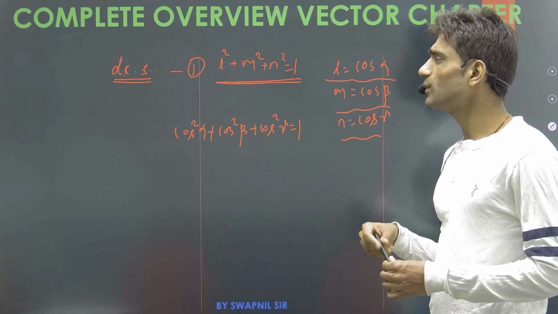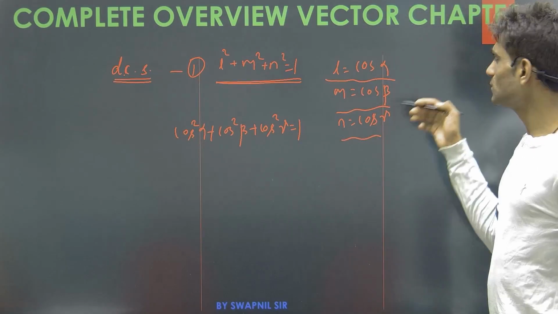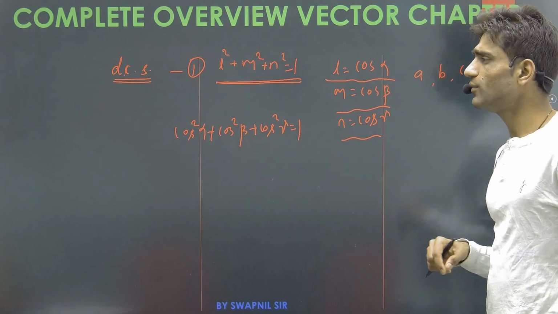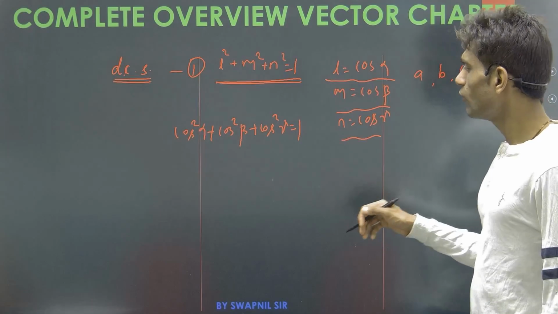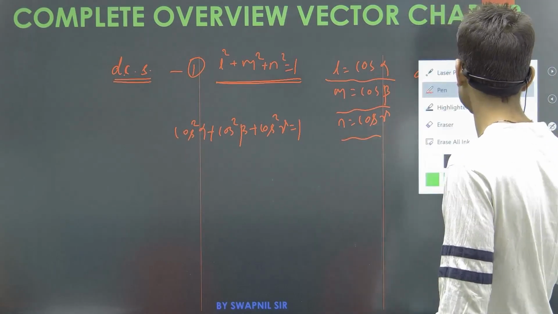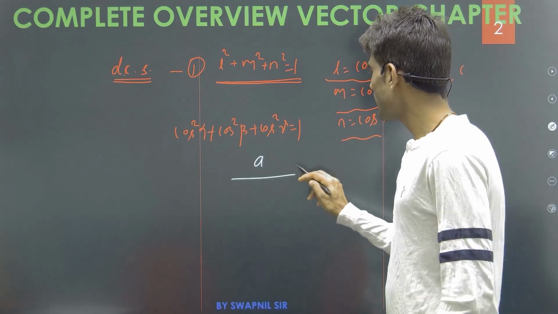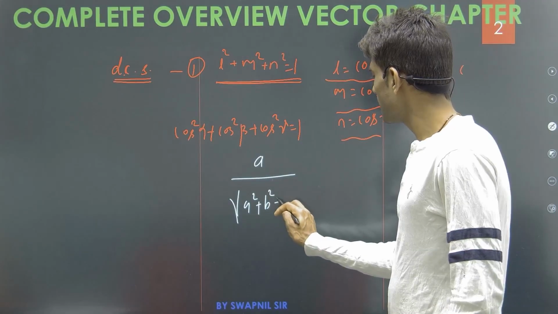One more result: whenever we have direction ratios in the form of a, b, c, then we can define the direction cosines as follows. The first is a divided by square root of a square plus b square plus c square.